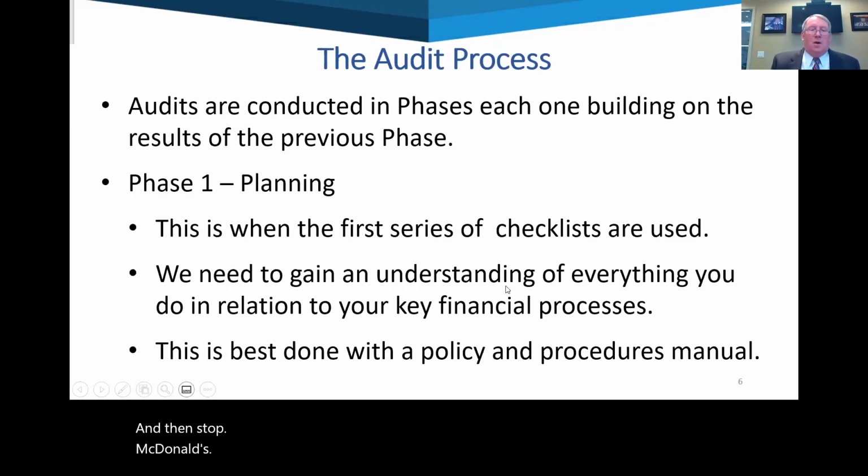Okay, the audit process. Audits are conducted in phases, each one building on the previous phase. There's a planning process. This is phase one. Most times, depending on the size of your audit, the firm comes in the spring, does some work, leaves, and comes back in the fall or the winter to finish up. There are things that happen at your office, and there are things that happen back at our offices.